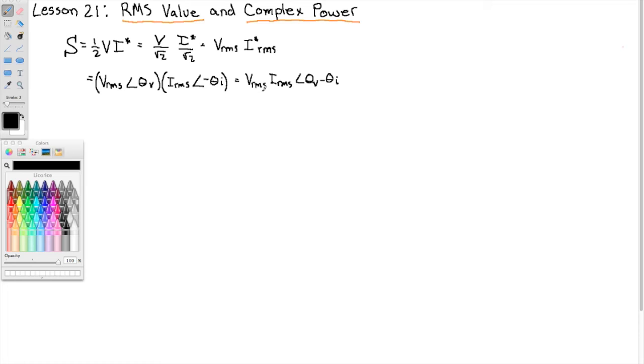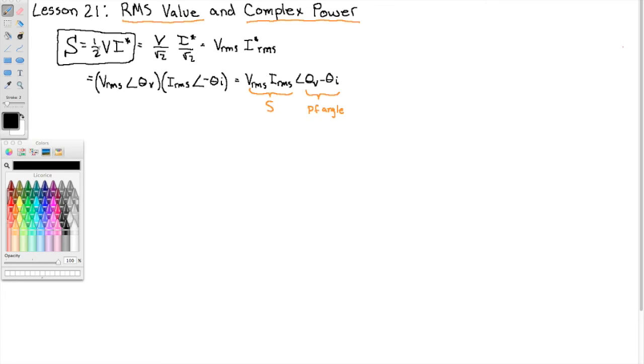Right? So this should look familiar. This here, again, is S without the bars. And this here is the power factor angle, right? That was the thing that was inside the cosine when we defined the power factor. So you see already why this expression, the complex power, is important.